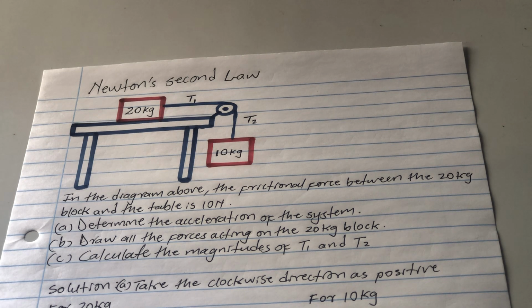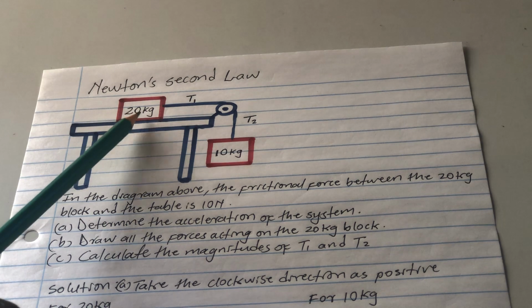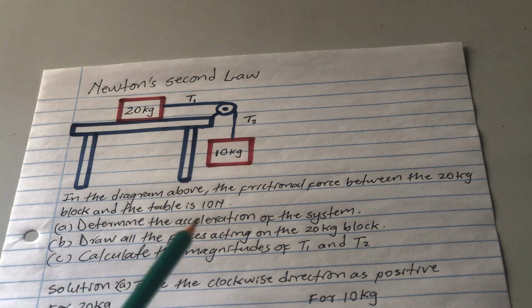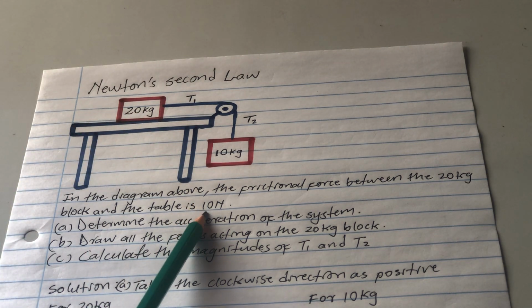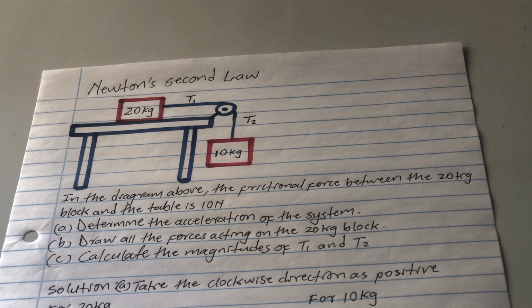So let me read. In the diagram above, the frictional force between the 20 kg and the table is 10 Newton. We are given the frictional force between this block and the table, and that frictional force is 10 Newton.